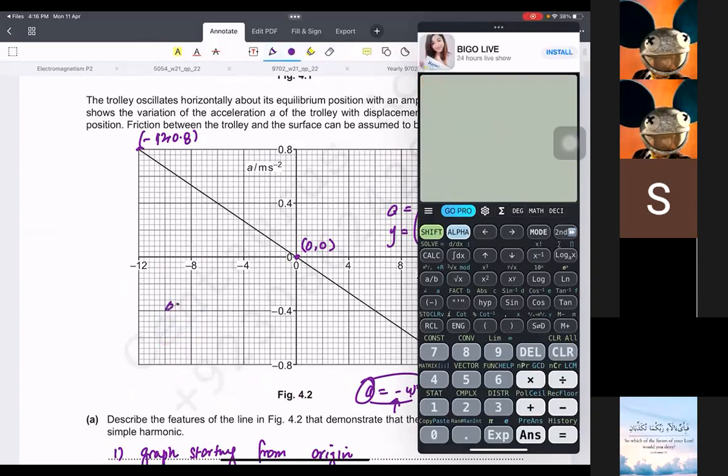Actually what should be done is 0.8 minus 0 and minus 12 minus 0, I took the gradient upside down. 0.8 divided by 12, what is that?